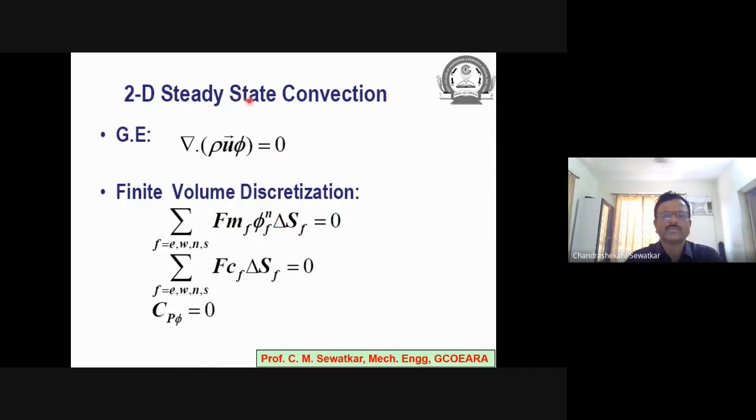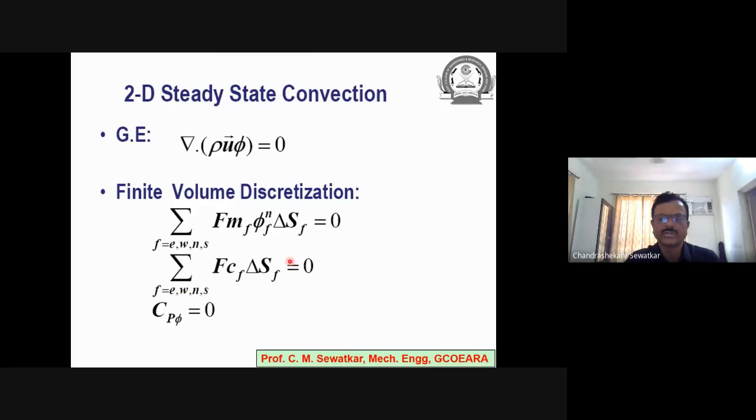The governing equation for a 2D steady state convection is divergence of rho u vector phi is equal to 0. And the finite volume discretization of this quantity is the summation over east, west, north, south faces of mdot_f phi_f normal delta S_f, that is equal to 0. This quantity is nothing but my convection flux, and if I multiply it by area, I get total convection. So Cp phi is equal to 0 is the governing equation.